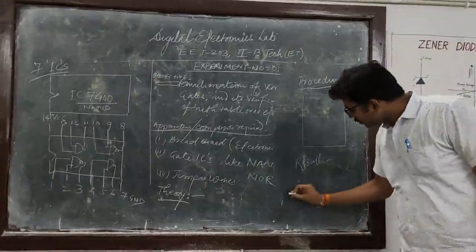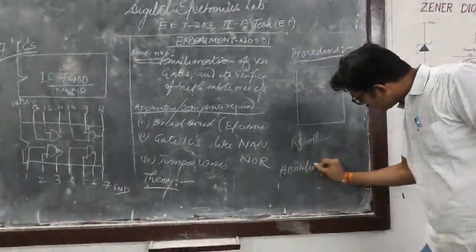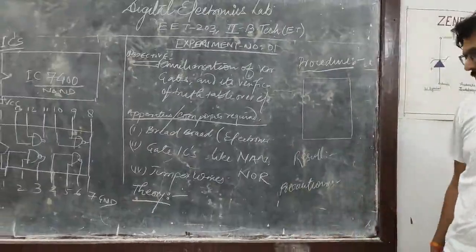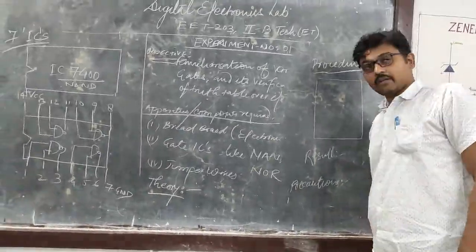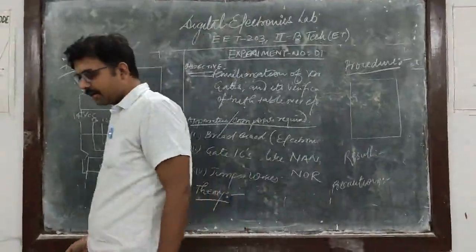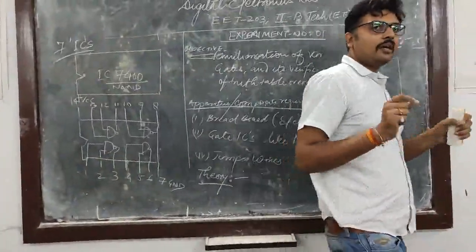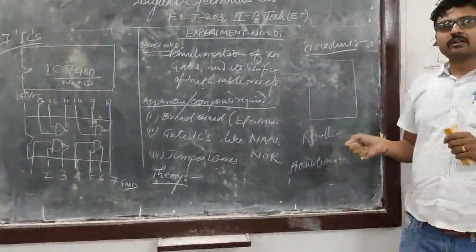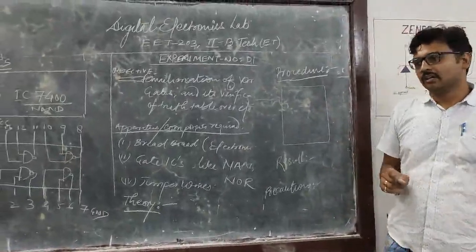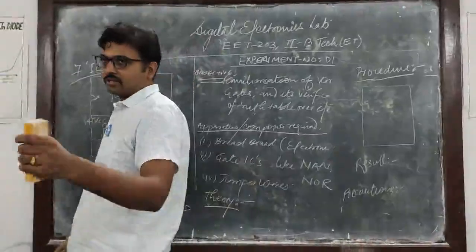Then precautions are mandatory. You must suggest some of the precautions to be taken care of during the measurement of this experiment. I can tell you that you have to make the connections with the digital testing kit switched off. In the off condition you have to make all the connections, otherwise there is a possibility of burning the kit or certain ICs.